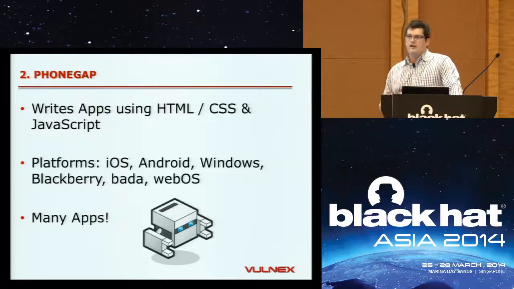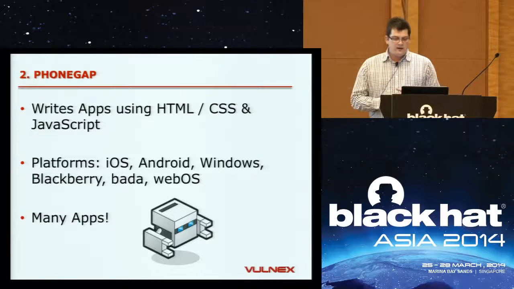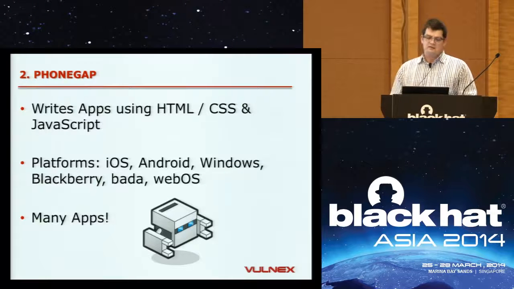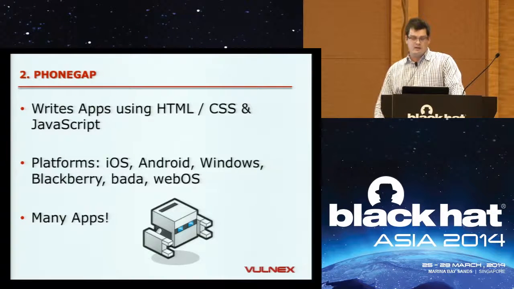It supports a lot of platforms: Android, iPhone, Windows, BlackBerry, Bada, WebOS, and it's getting more platforms as well. From what I've seen, this is one of the top cross-platform mobile technologies. There are many apps using PhoneGap. Chances are some applications you have installed on your device may be PhoneGap.